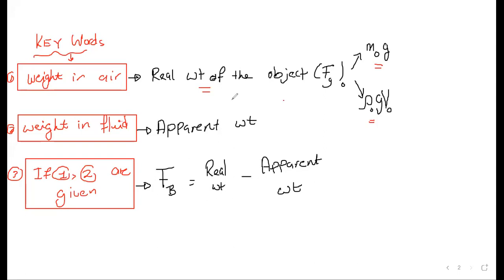So we found that F_B, the buoyant force, is the real weight minus the apparent weight. Once we find them, we will use this.